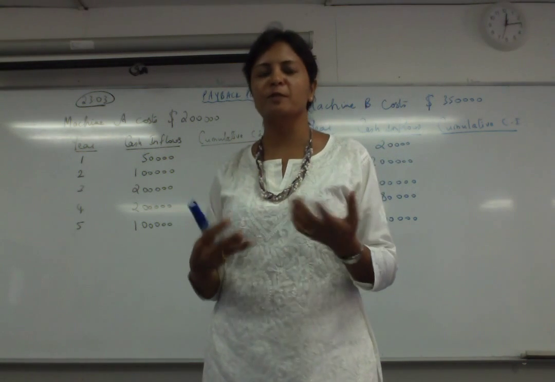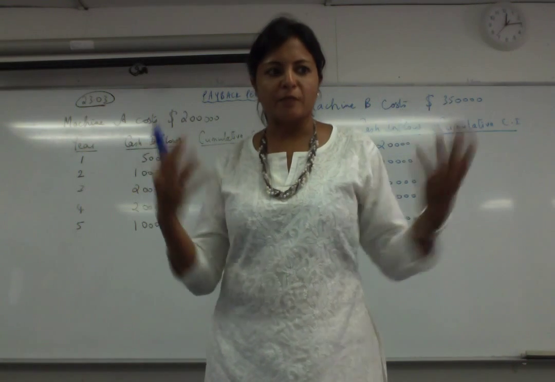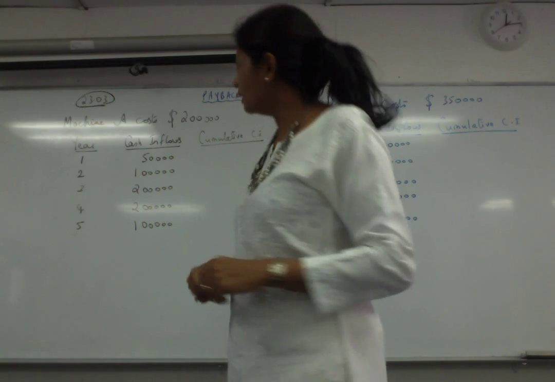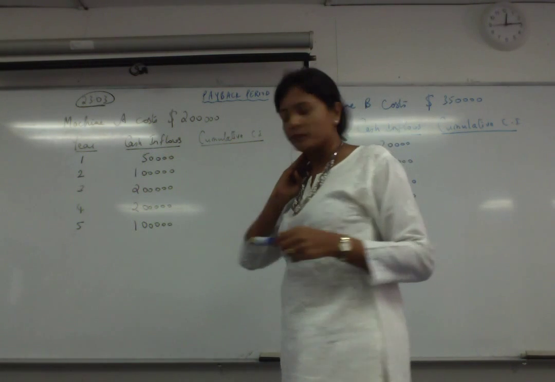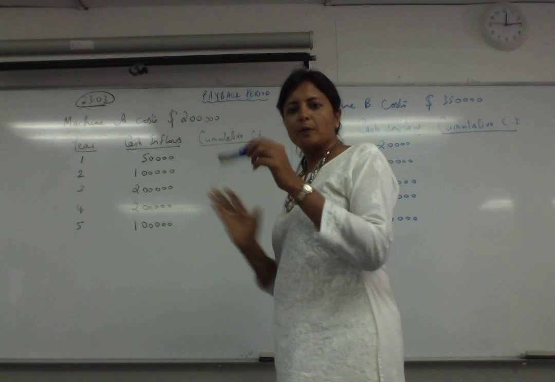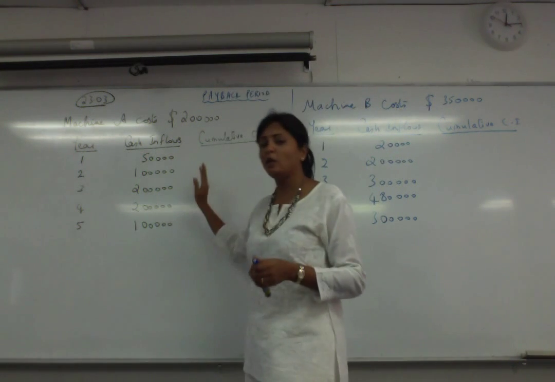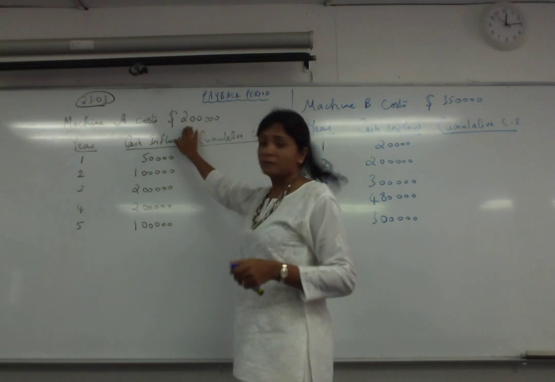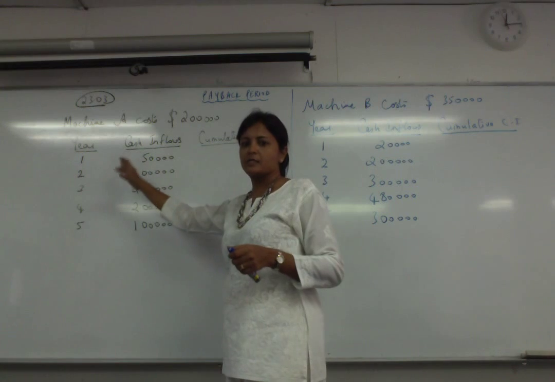You have to use some financial tool which is very scientific and not intuitive. Okay, so machine A costs $200,000. So the way you're going to write the question down, this is the question. Any question should have this information: the cost and what the inflows are against each year.